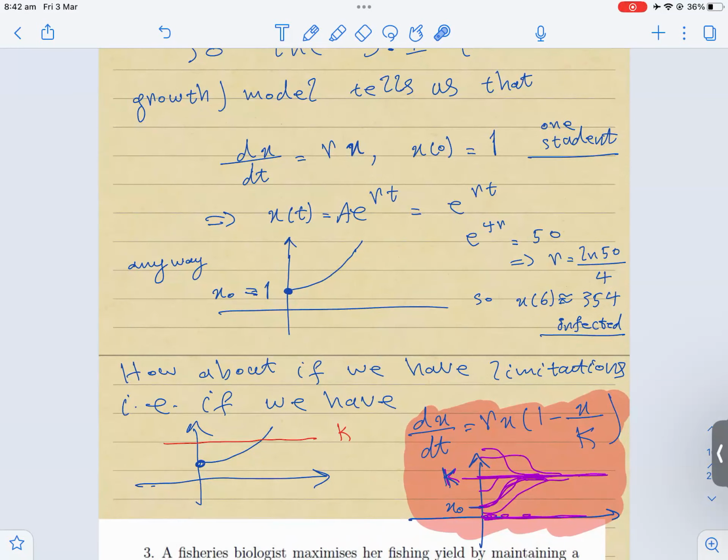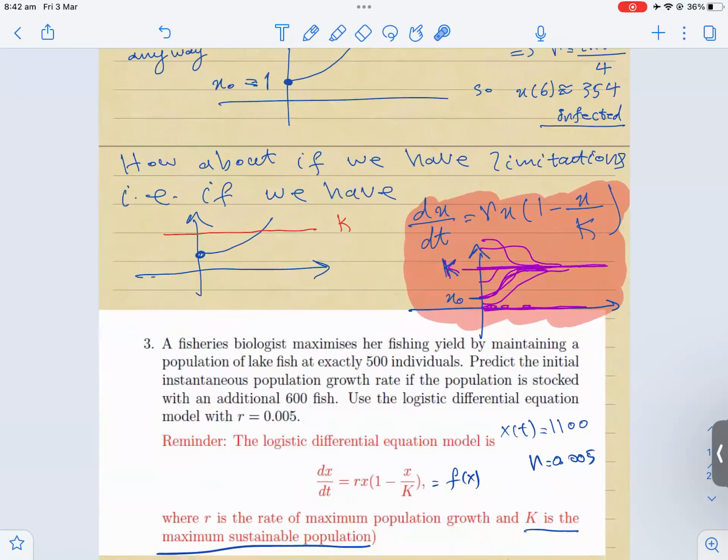Therefore, we need to investigate some other model. So I will put some limitation, truncation here. I will call it K, okay? I will think that if it starts from down, it will go up and stop here at K. K is the place where the rate of change of the growth will be stopped, will be 0.